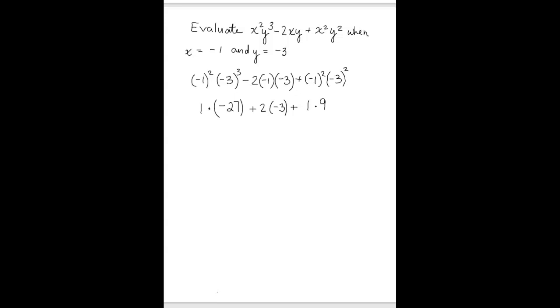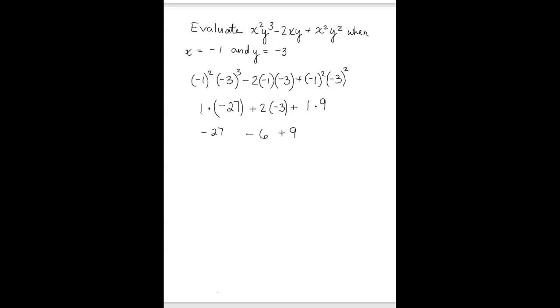All right, so now I've got -27. When I do this multiplication, I get -27. Here I'm going to wind up with a -6, right? 2 times -3 is going to give me a -6. And then here I'm going to add 9, right? 1 times 9 is going to give me a 9.